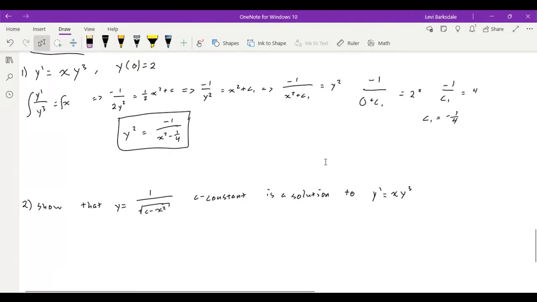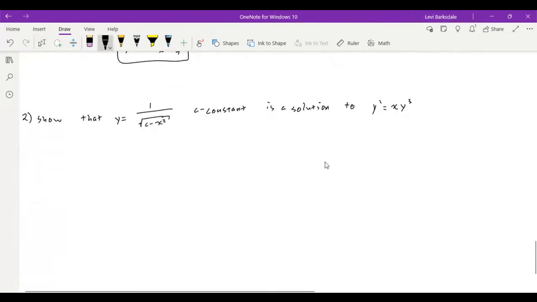Now, in this problem, we need to first find what y prime is. And this isn't terribly difficult. We can just use the chain rule. Actually, I should do this in a way that's probably a little more apparent what I'm doing.